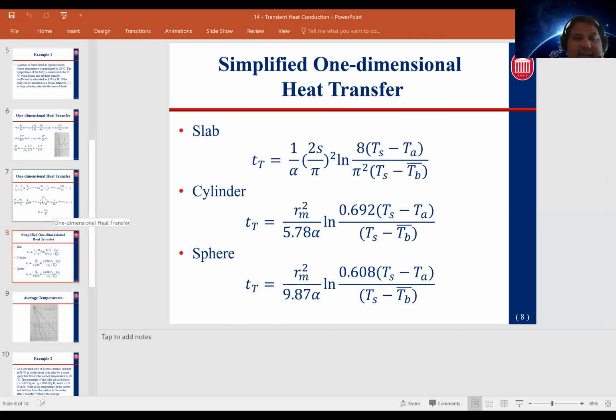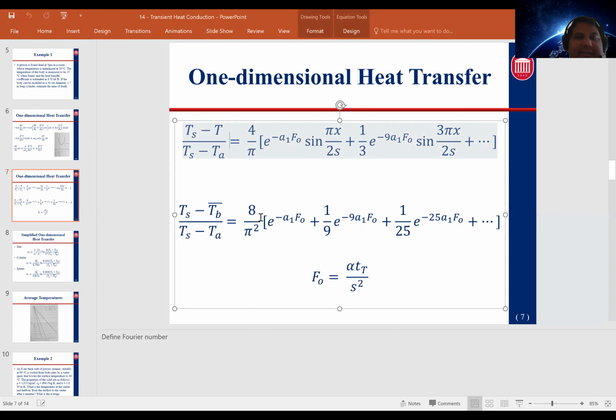And as I showed others, there's equations associated with the temperature profile, the average temperature within the object, which is this T sub B, with this second term on this series solution. And there's also modifications for rectangular and spherical coordinates that are given on page 310 of your text.